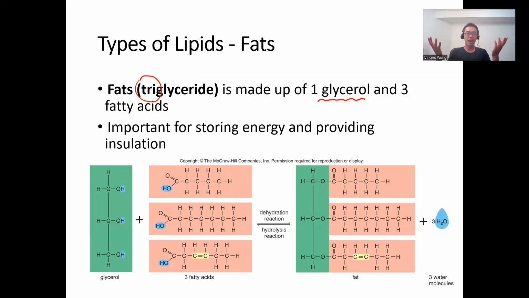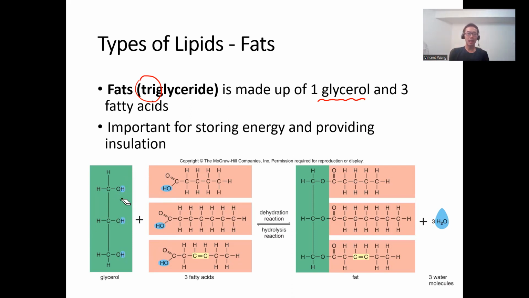Okay, to make the fat, I just need 1 glycerol and 3 fatty acids. How do I connect them together? By now, you should be sick of hearing me say that word, right? To connect these things together, we need to do dehydration synthesis. Okay, we need to remove a water molecule and connect them together, form a bond to glue them together.